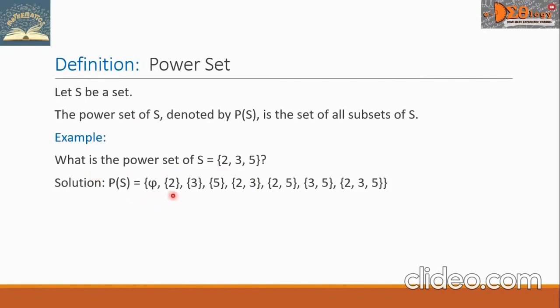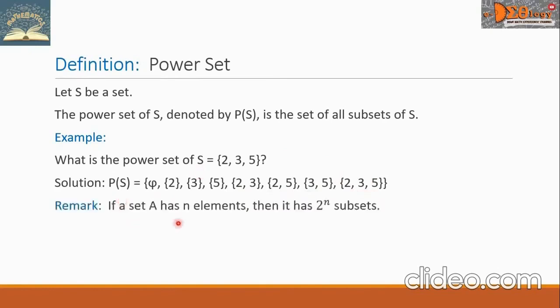Second, the set {2}. Next, the set {3}. Next, the set {5}. Next, the set {2, 3}. Next, the set {2, 5}. Next, the set {3, 5}. And the last is the set itself, {2, 3, 5}. These are the subsets of this set S. This is the power set.